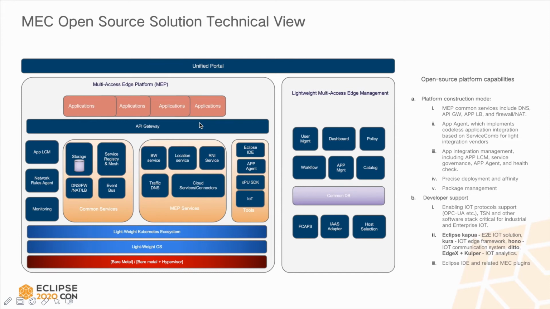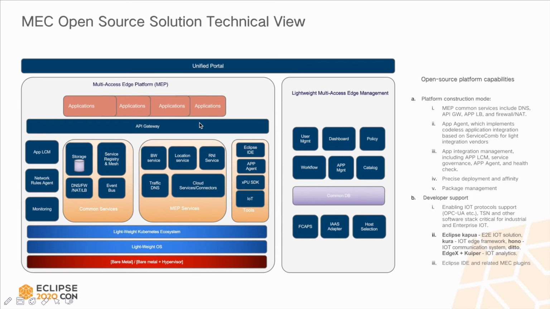Basically, compared to the ETSI defined standard architecture, the open source solution has two parts. One is MEC, the multi-access edge platform, MEP. The other part is a lightweight MECM. The MECM includes both MEAO and MEPM.